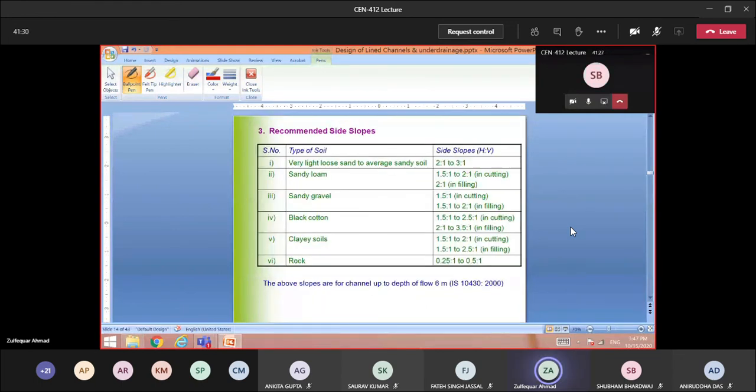Well, this is the IS code for the lined canal, 10430 of 2000. Some guidelines are provided regarding what the side slope should be.